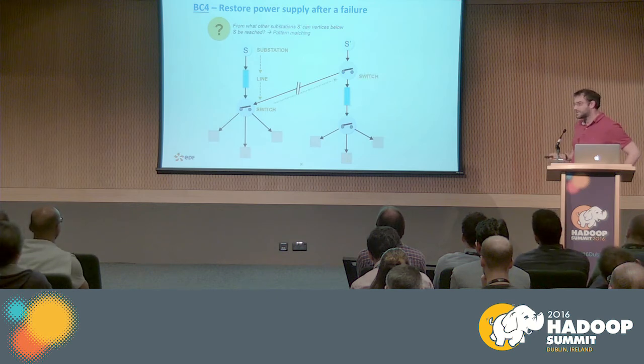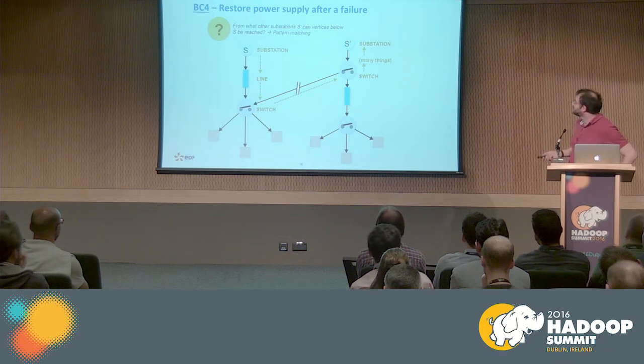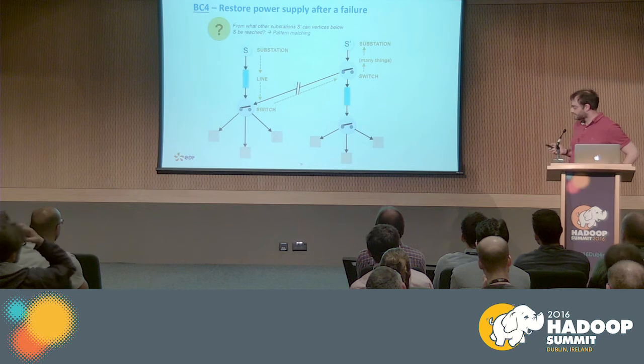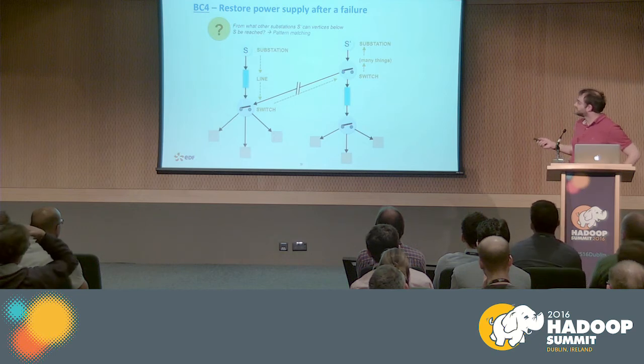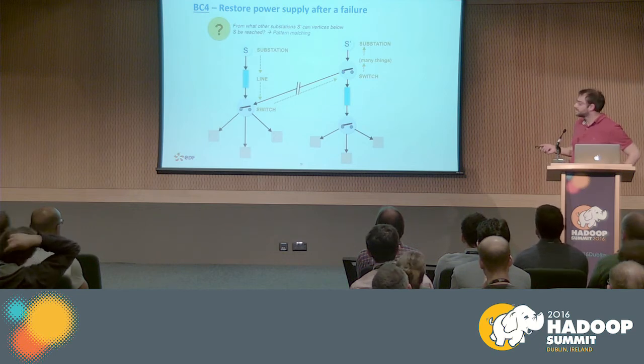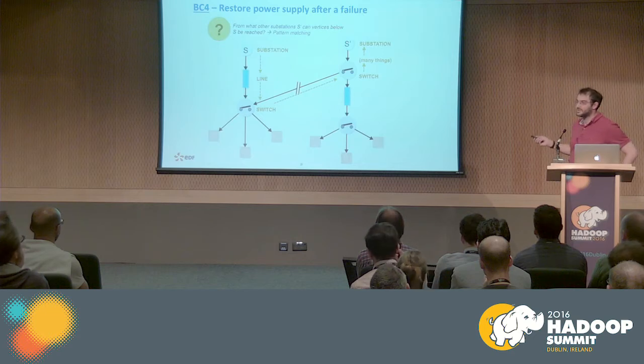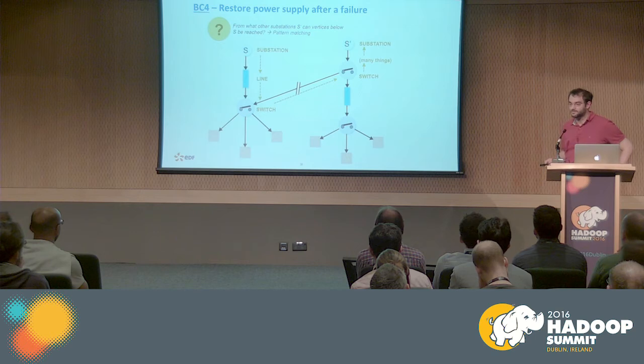Okay, let's take the path backwards. I found another switch. I can find many other things in between. And if I go up again, I eventually reach a substation. So the pattern here is substation, lots of things, switch, switch, lots of things, and substation, taking into account the direction of the edges, because it's designed this way. It's simpler this way.